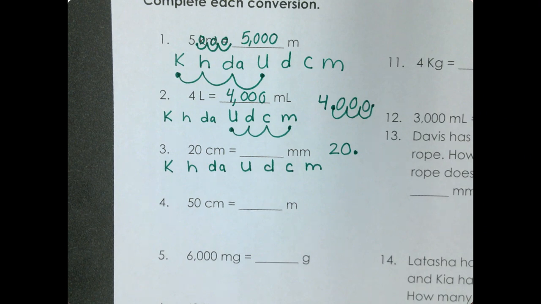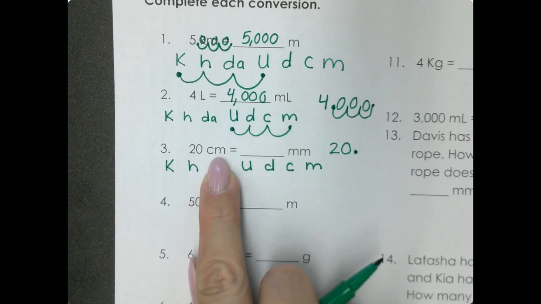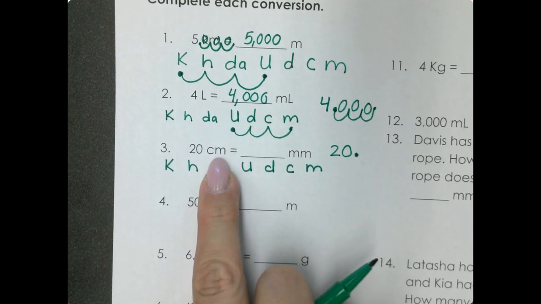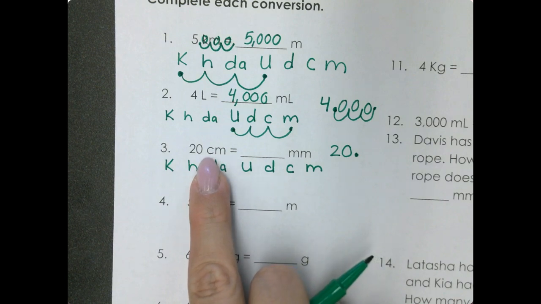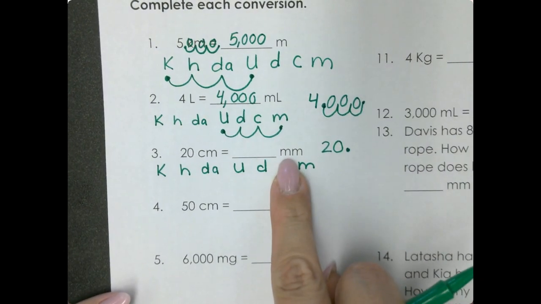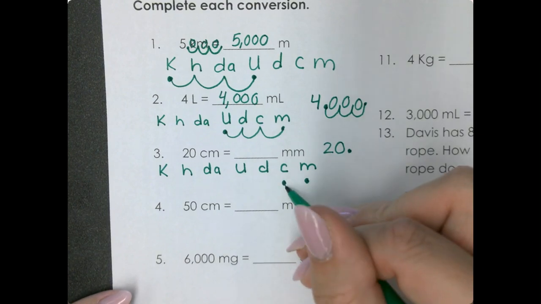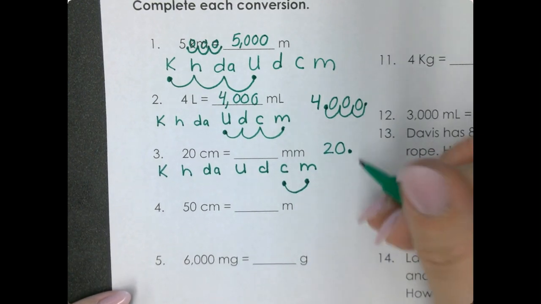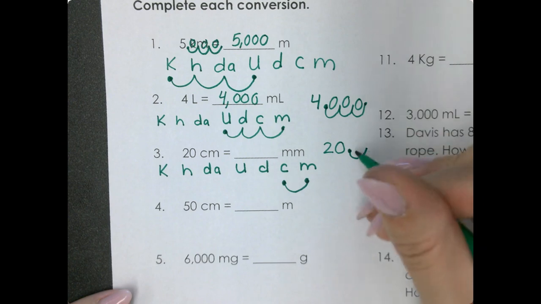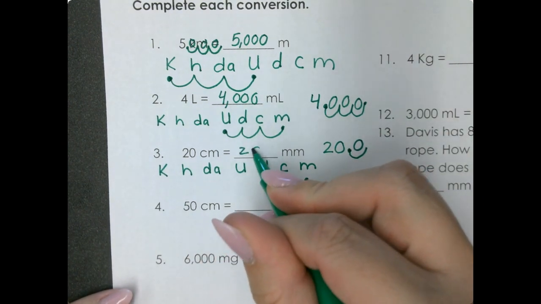Where do we start? CM. What letter? It's usually the first letter there. No, what's this first letter here, guys? C. Where are we going? To the? Yep. And that's 1 jump to the right. We take this. 1 jump to the right. 20 turns to 200.